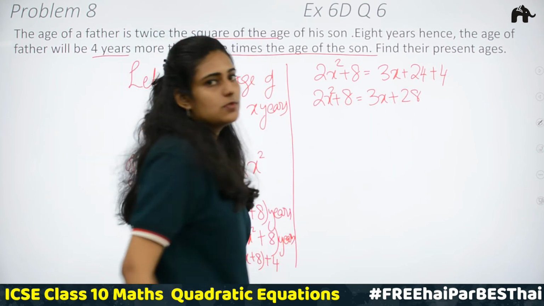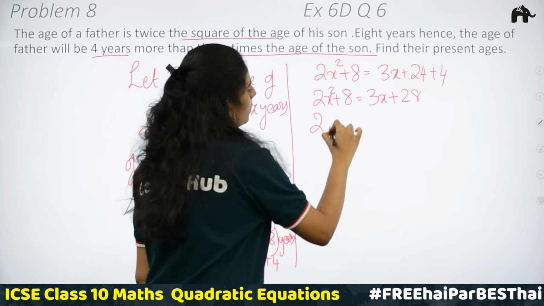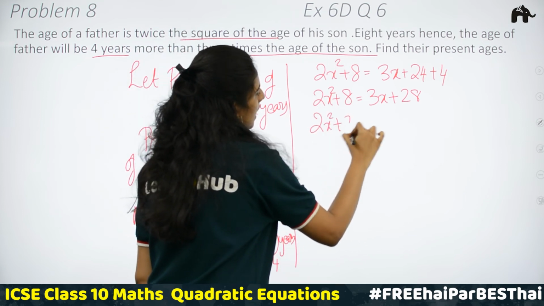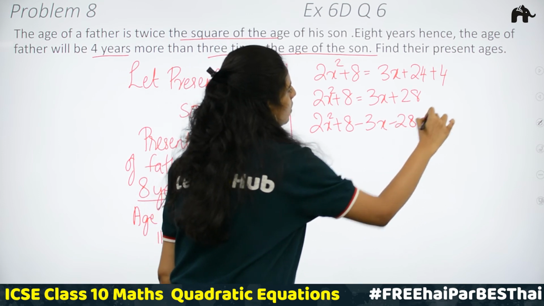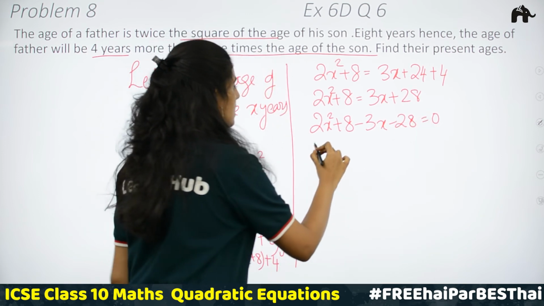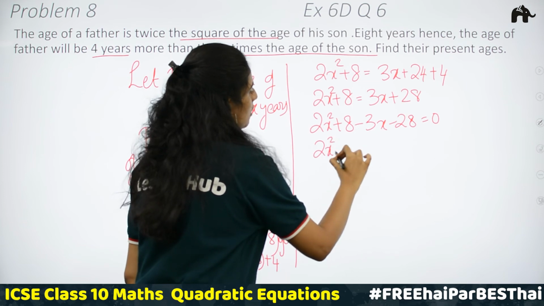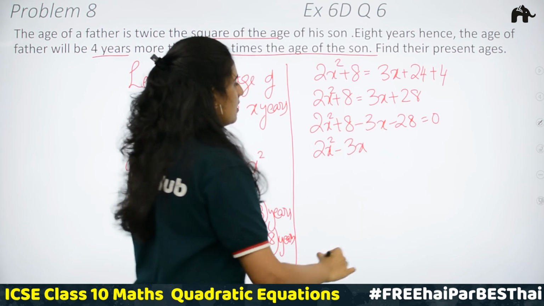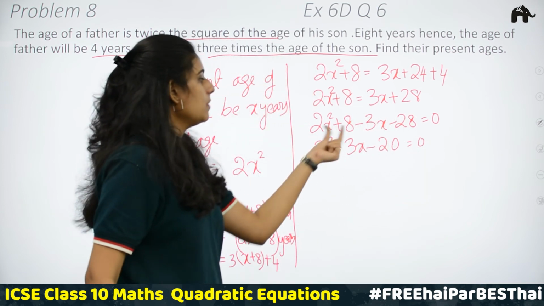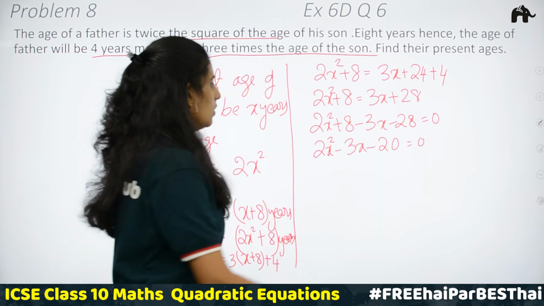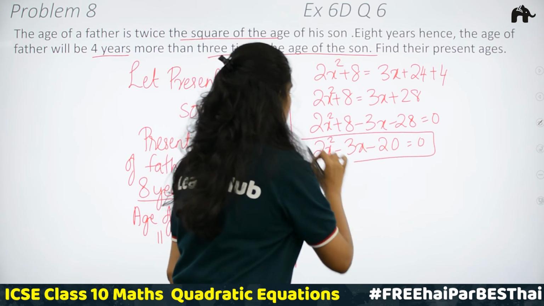Bringing all the terms to left hand side, 2x square plus 8 minus 3x minus 28 is equal to 0. That is 2x square minus 3x minus 20 is equal to 0. Minus 28 plus 8 is minus 20. Okay, this is our quadratic equation.